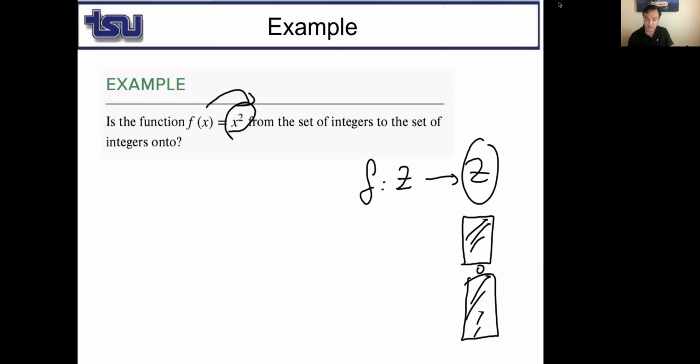You see there are a lot of integers. In fact, even among the positive integers, for example, 3, the square root of 3 is not an integer. So basically, there are integers in the codomain which have no corresponding integers in the domain.